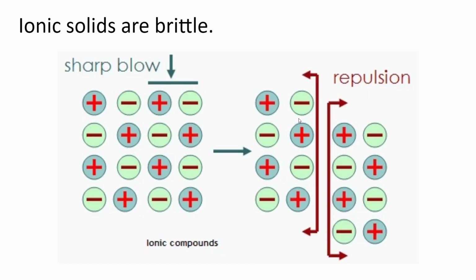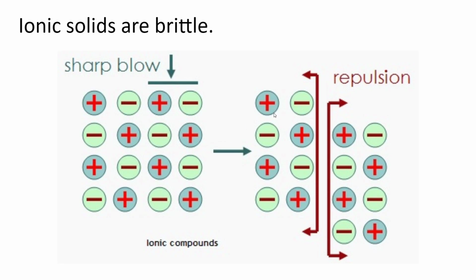Next thing is ionic solids are brittle. Because they're arranged in this really neat pattern, a sharp blow to it, like with a hammer or just hitting it with your fist, that will hurt. If it's a hard crystal, a hammer would work a lot better. What happens is it makes these charges line up, and like charges repel each other. You've probably held 2 magnets together before. In one way, the magnets stick together, and if you try and turn one magnet around, it will push apart.